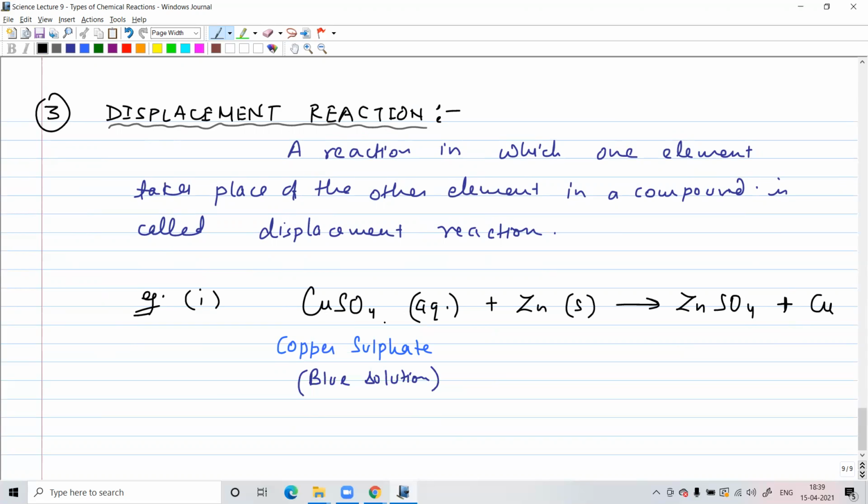Sulfate was for copper, but zinc, when it reacted, zinc went and took the place of copper and it became zinc sulfate now, and copper got separated. So who displaced what? Zinc displaced copper. Yes, very good.